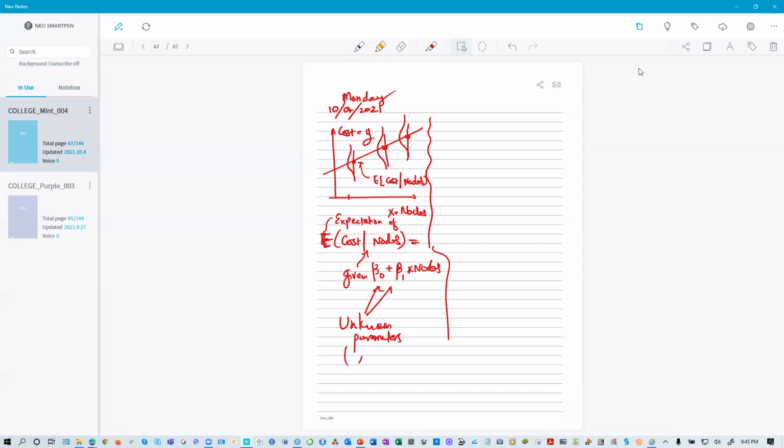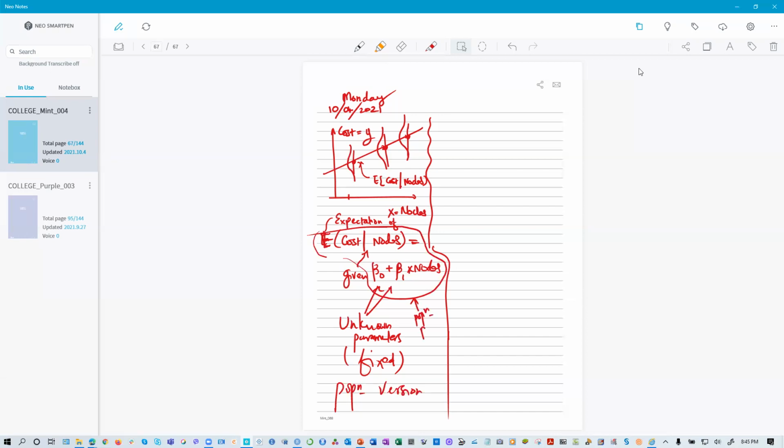You don't know them, but one thing you can say clearly is that they are fixed. We have only one value. This is called the population version, the population regression line.